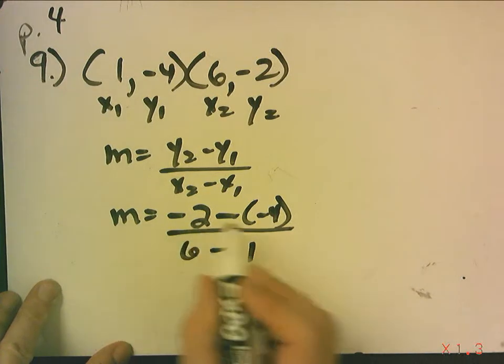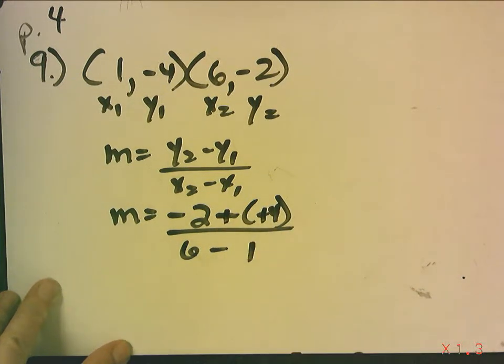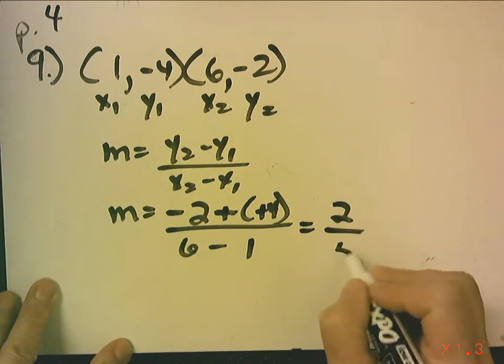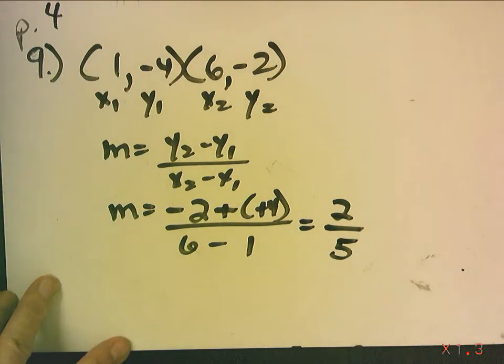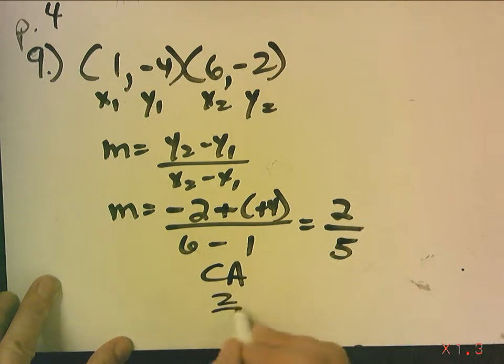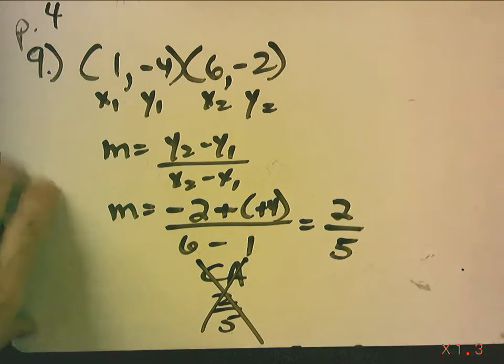Now a negative 2 minus a negative 4 becomes negative 2 plus 4. Negative 2 plus 4 is a positive 2. 6 minus 1 is a positive 5. And the answer is 2/5, which is CA, and you cross that out.